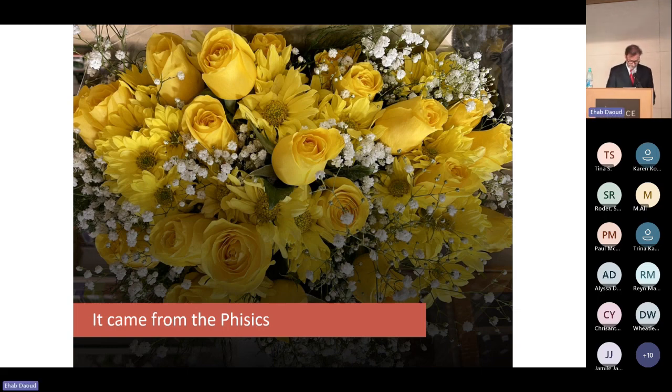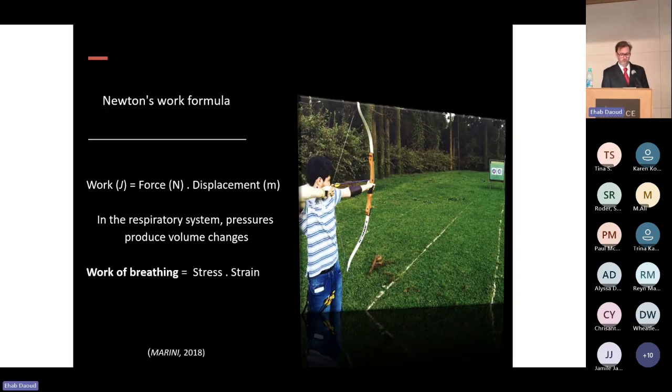Specifically, it came from Newton's work formula, the movement formula, where work equals force multiplied by displacement. By analogy, in the respiratory system, pressures produce volume changes. Thus, stress replaces force and strain replaces displacement, and multiplying stress by strain allows us to achieve the work of breathing.